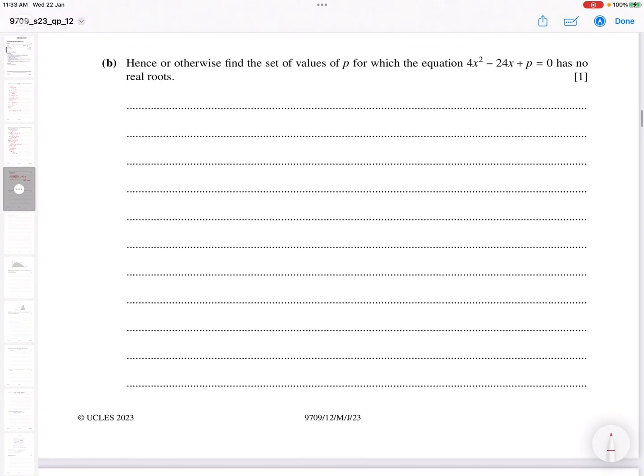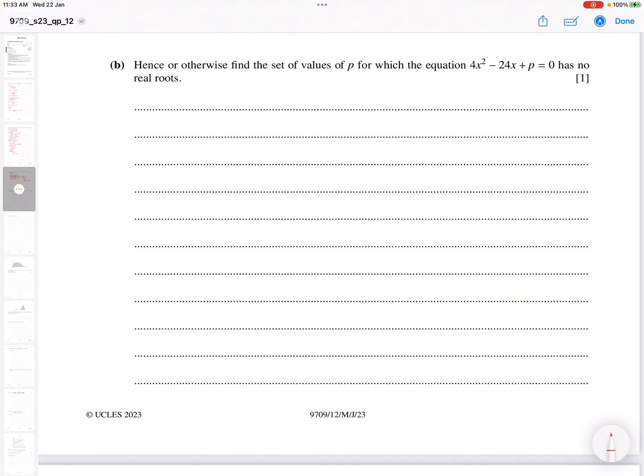B part says, hence or otherwise find the set of values of p for which the equation 4x squared minus 24x plus p equals 0 has no real roots. Okay, so 4x squared minus 24x plus p equals 0. For no real roots, I have to write the discriminant b squared minus 4ac less than 0.